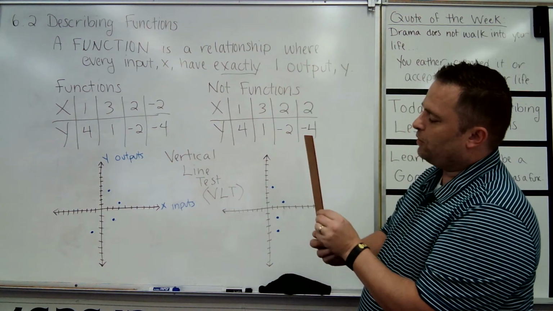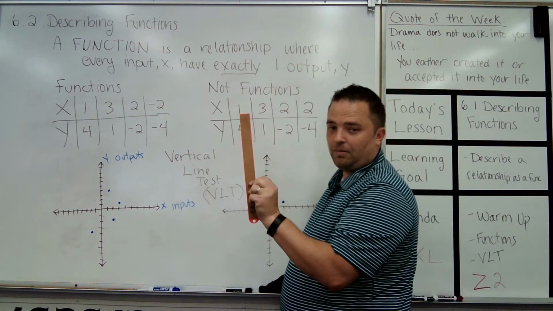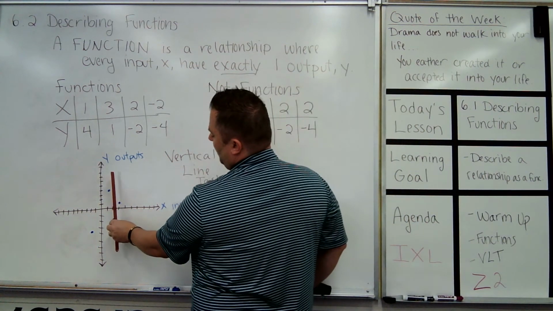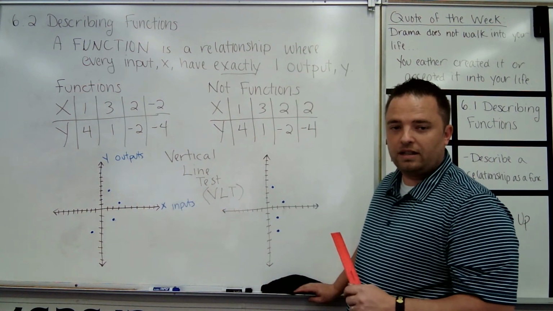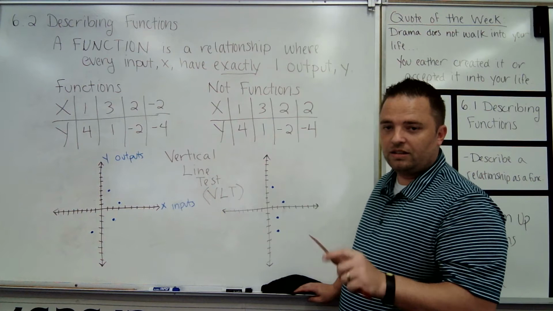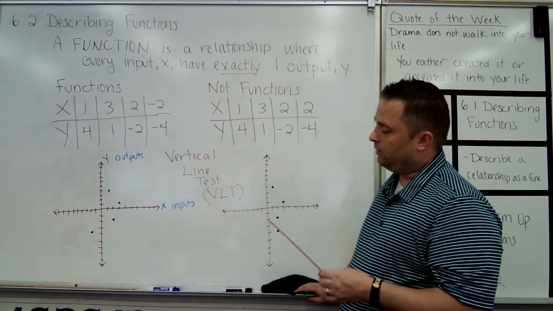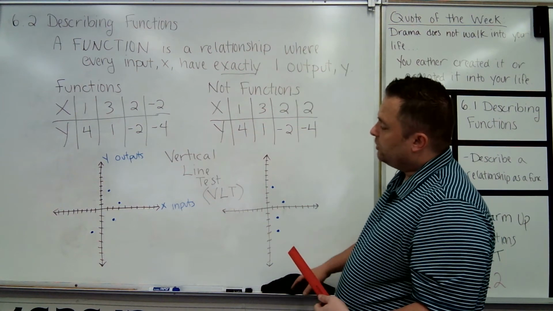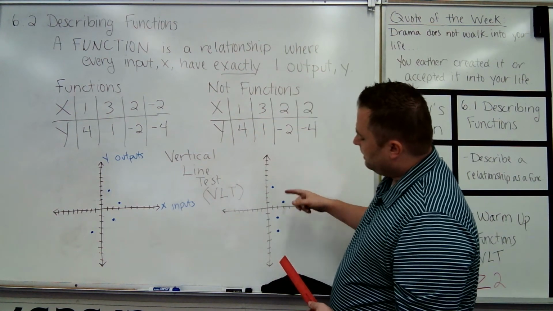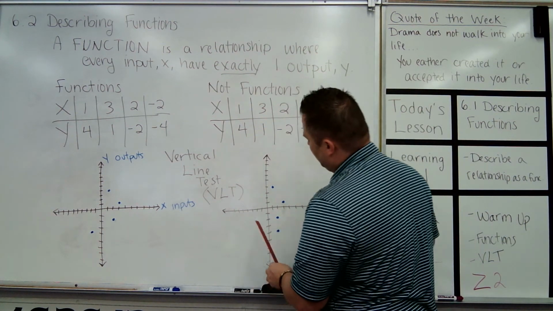When I put my vertical line down, it's an imaginary line, it's not part of the graph. No matter where I put it, it only touches once. It's considered a function.